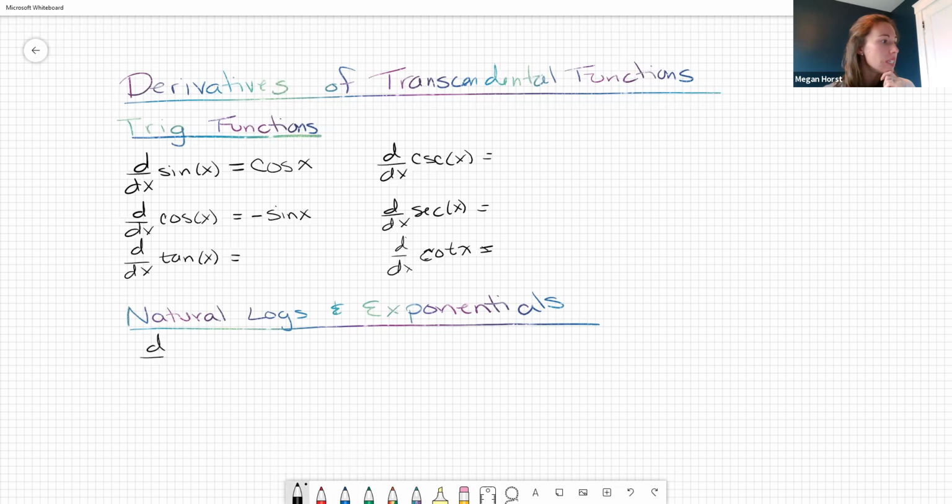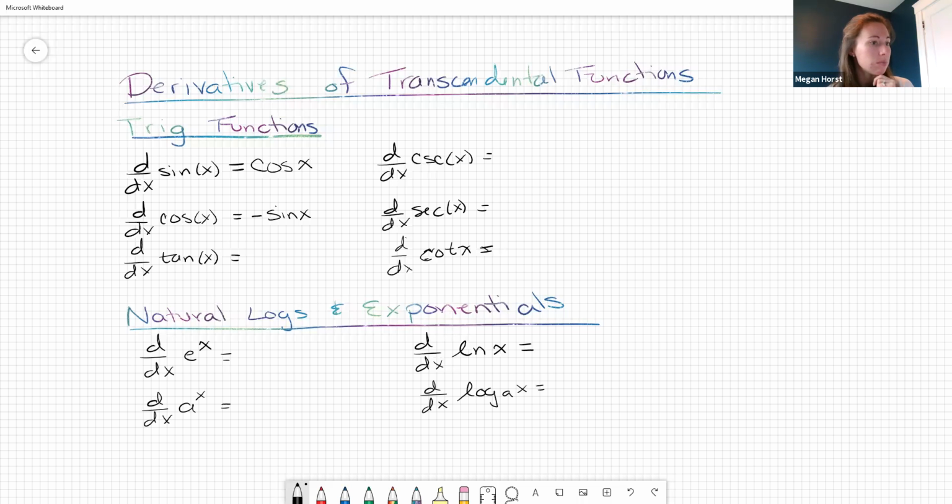So we're going to have d dx of e to the x. That's the one we're actually going to do today. And then we'll have d dx of the natural log of x. We're going to have d dx of a to the x. And then we're going to have d dx of log base a of x.